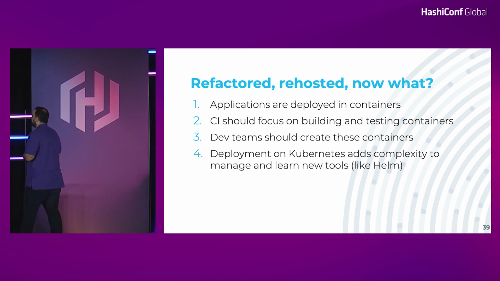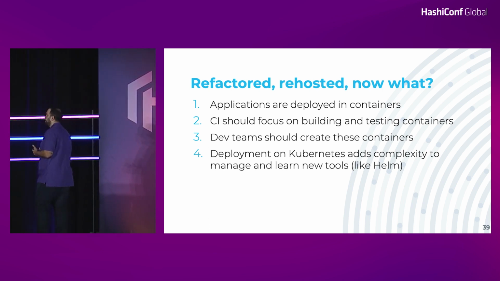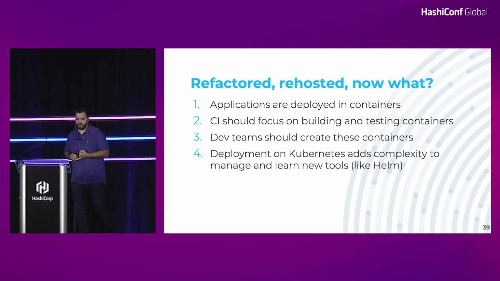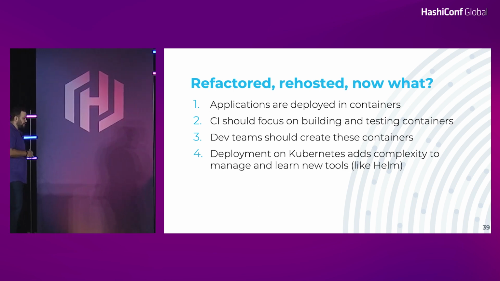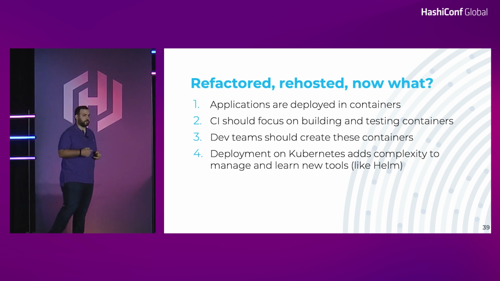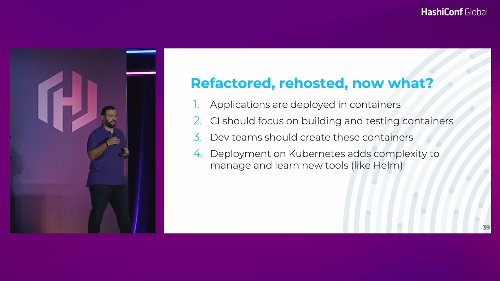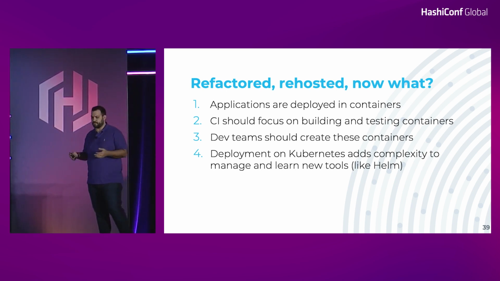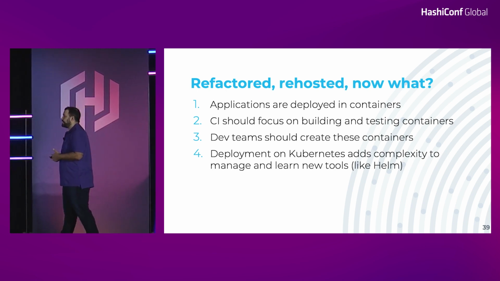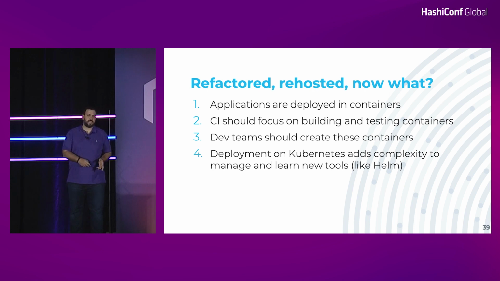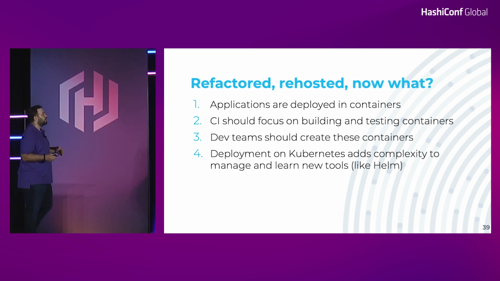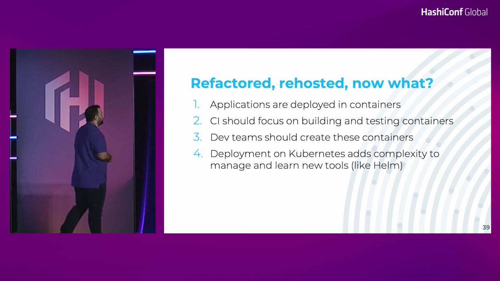You have to redesign how CI and build happens in the containers. The team has to start understanding how Docker works, how Dockerfile works. They have to build the Dockerfiles, Helm charts, all those kind of things. And this, again, adds an extra burden to the development team. And in a world where we shift everything left, essentially all the burden falls onto the development team.